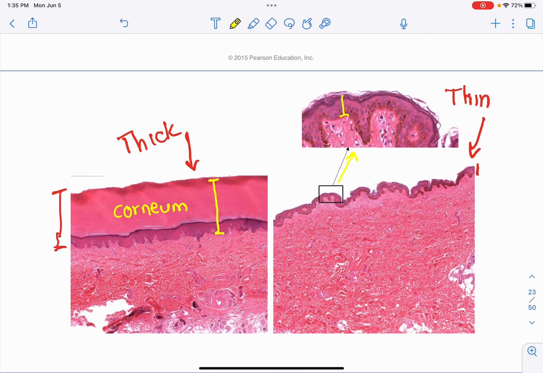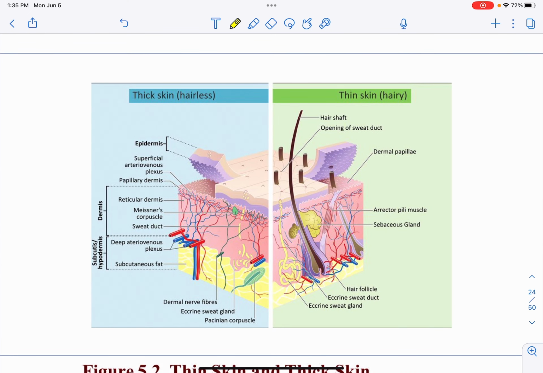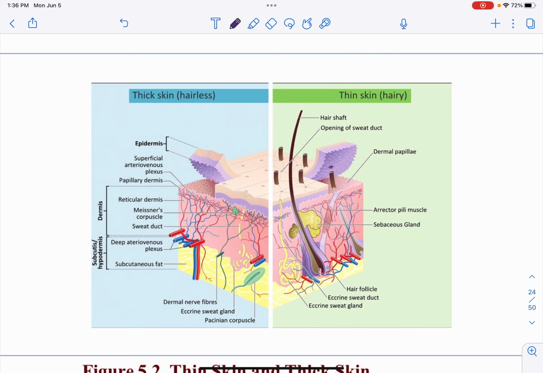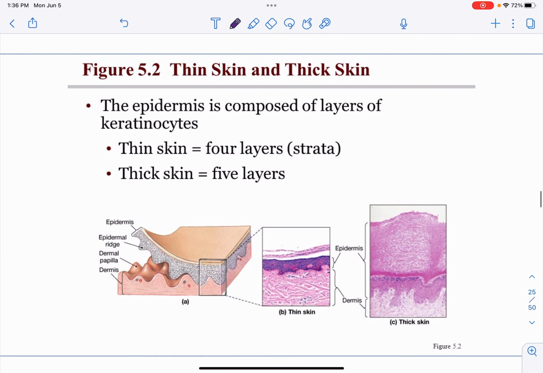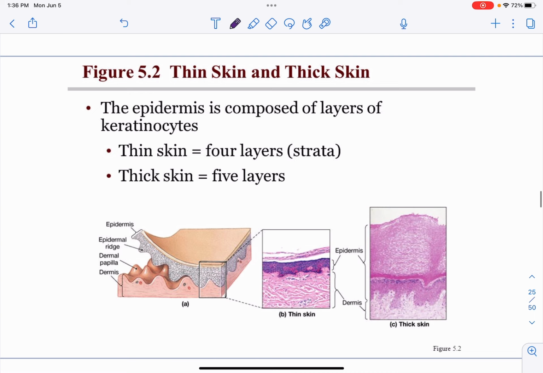You can see the difference between thick skin and thin skin. Another difference, and this slide is quite busy, but the take-home message of this slide is that thin skin contains hair follicles, which we'll talk about more in the next lecture, and thick skin is hairless.